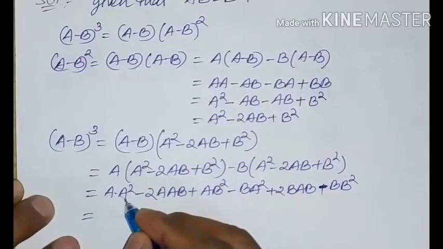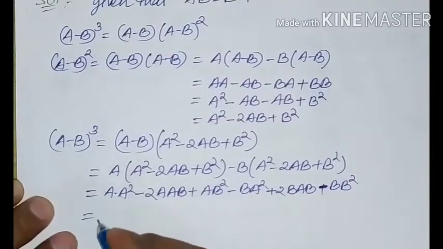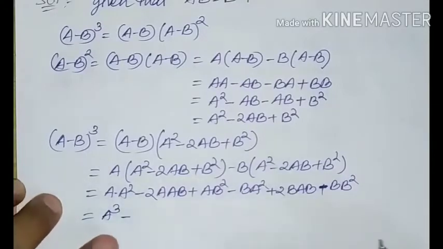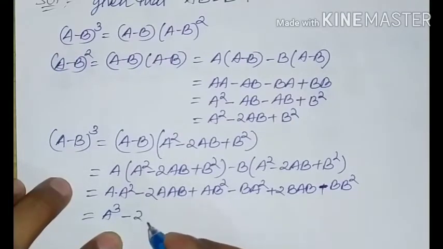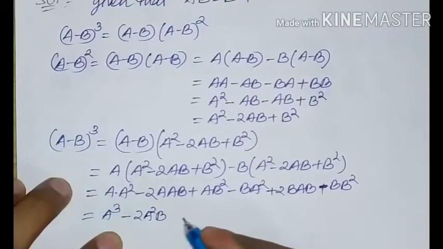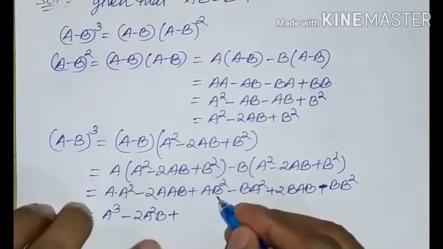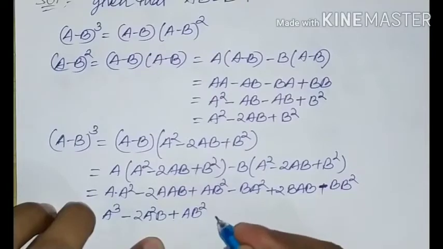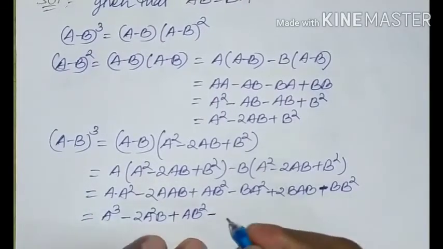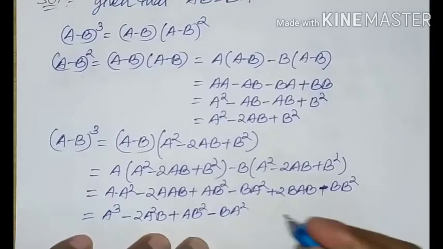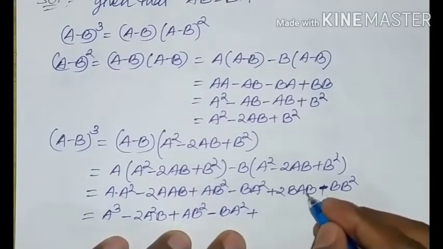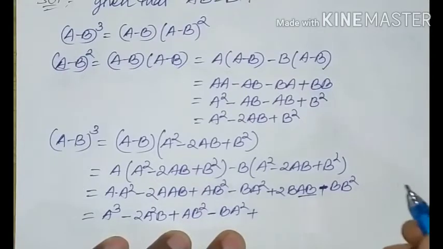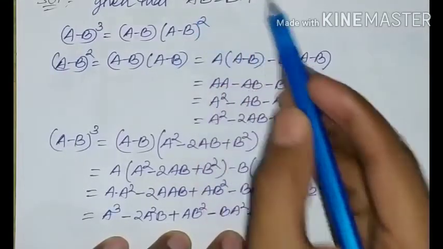Since A and A square both are square matrices, A into A square will be A cube minus 2 times A into AB, then it will be A square into B, and minus 2 times A square B plus AB square, minus BA square.